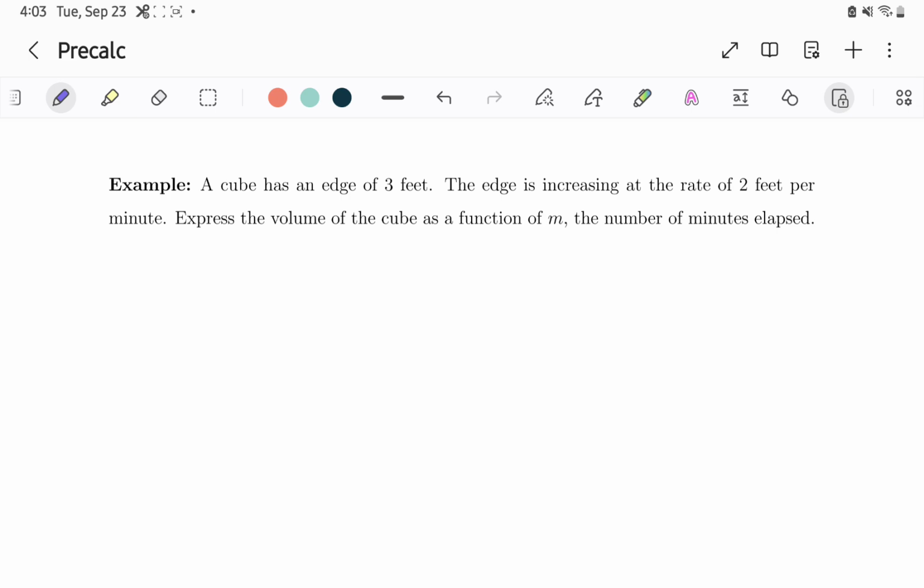So we know the volume of a cube is just going to equal, so V is going to equal s cubed, where s is just going to be the length of an edge. We could use e here instead of s, but I prefer to use s for side instead of e for edge. So this is just the general formula for the volume of a cube.